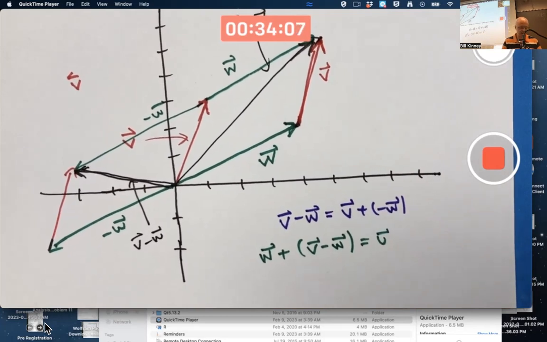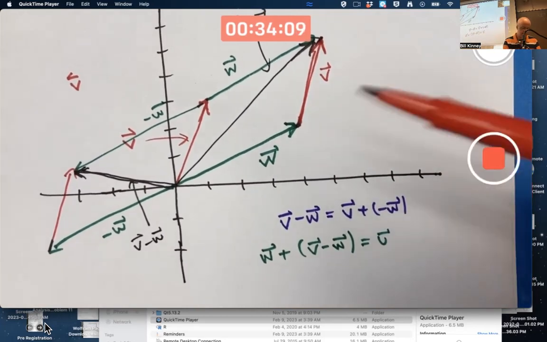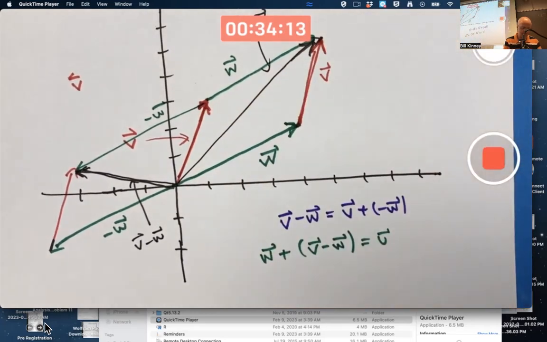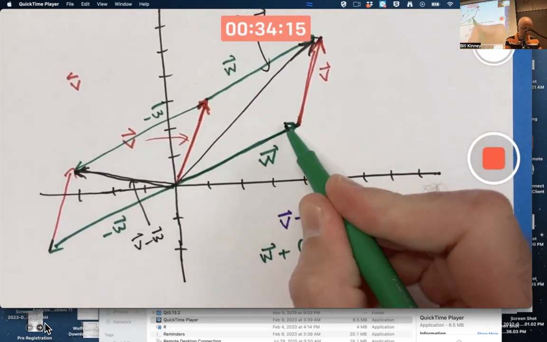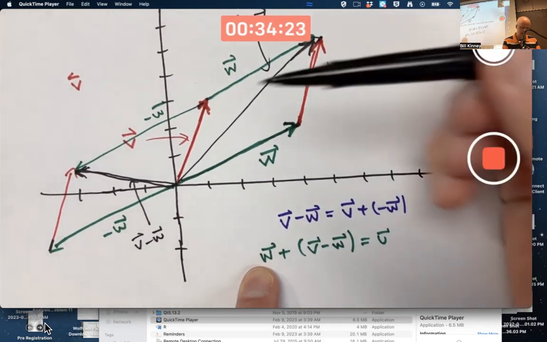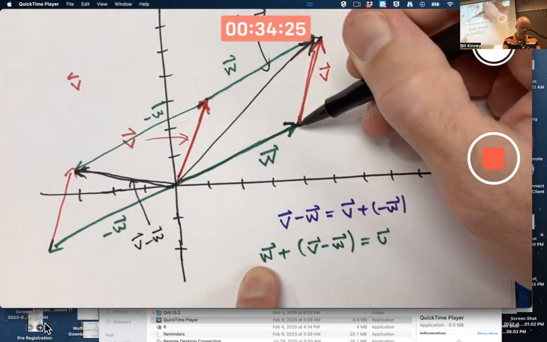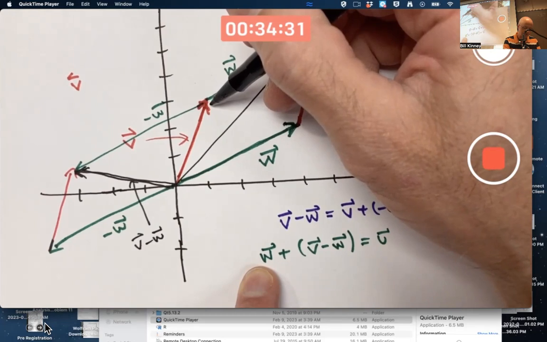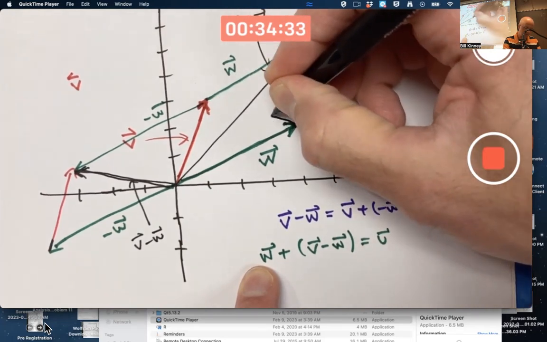So I go back to the original two vectors, this red arrow right here, and this green arrow right here, and I ask myself, what vector, when added to w, will give me v? What arrow can I put at the head of w, whose new head will be at the head of v? An arrow like this.